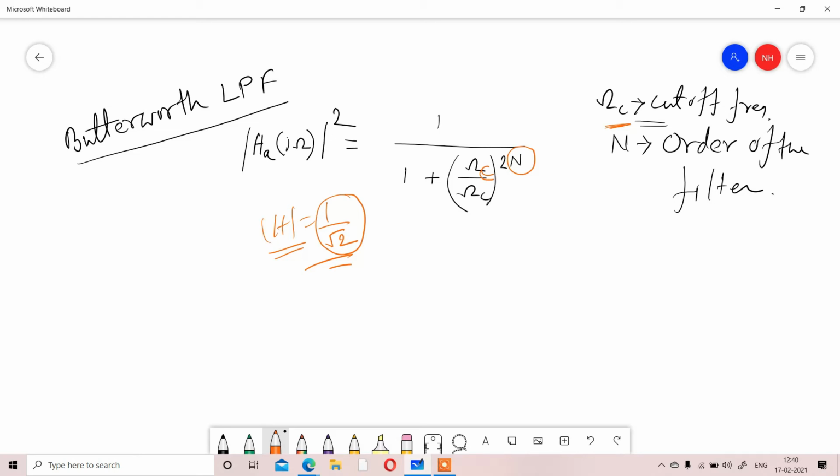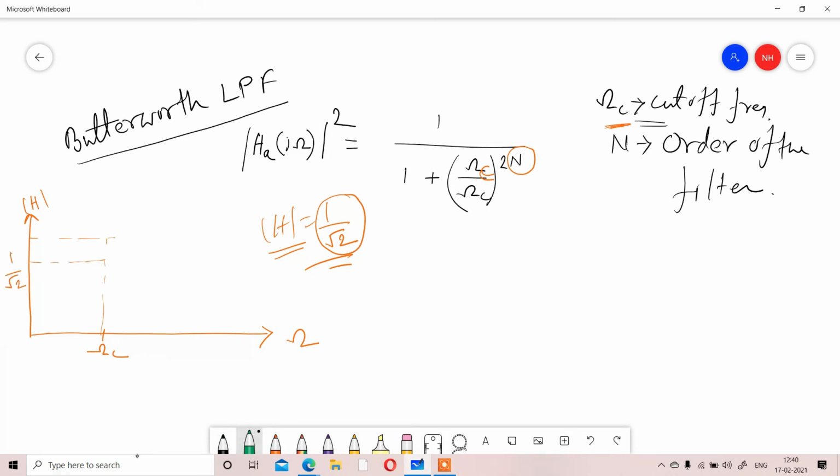Here that is your omega axis, that is your magnitude axis, that is your cutoff frequency omega c, and that is your 1 by root 2.